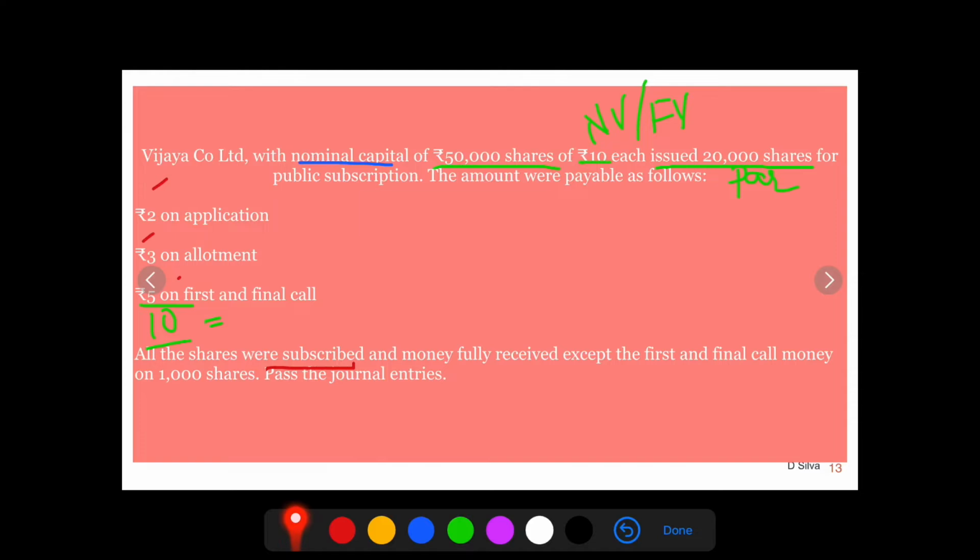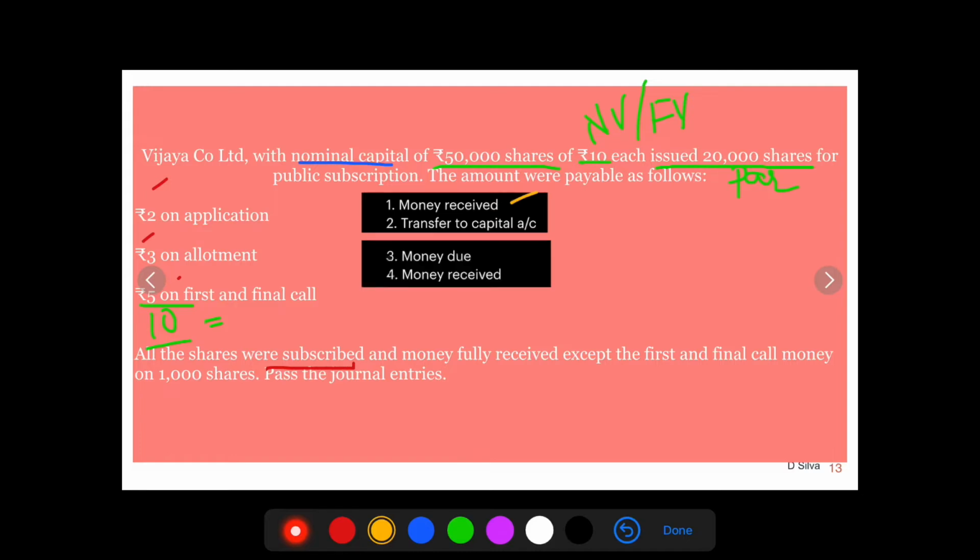We know, students, on application we do receive the money. So money is fully received in the first journal entry. The next set of journal entries on allotment, the money is received. Coming to the last part of journal entries, on first and final call, on 1000 shares, the money is not received. Only on 1000 shares.